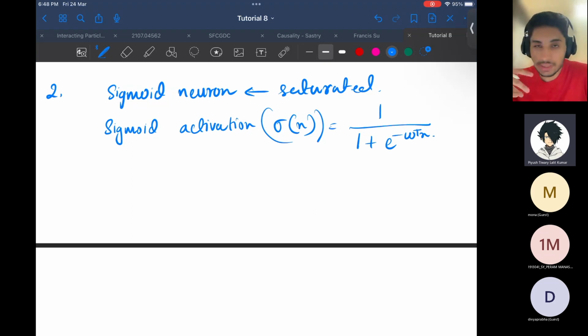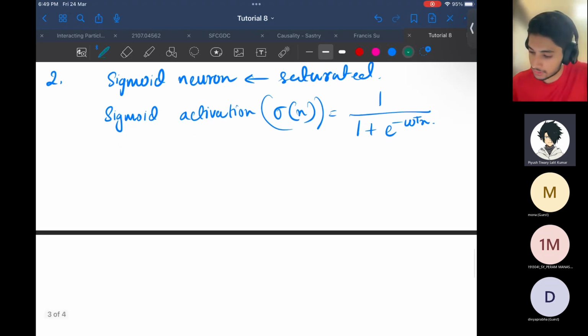What does it mean? It means that sugar is no more visible, and even if you mix for some more time, you won't see any significant change in the water. It will look as it is. Saturation basically means that there is no more change; it is more or less constant. Well, what does it mean in the context of the sigmoid activation function?